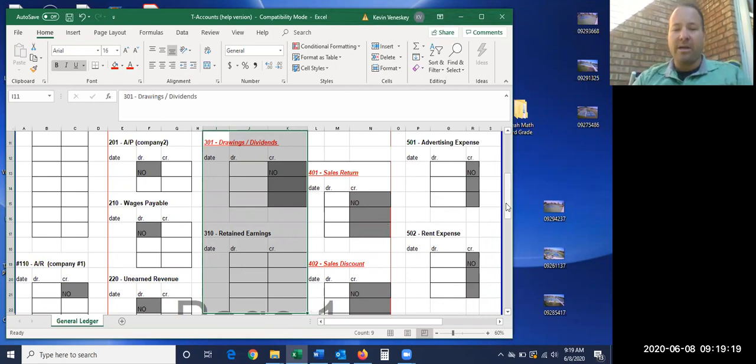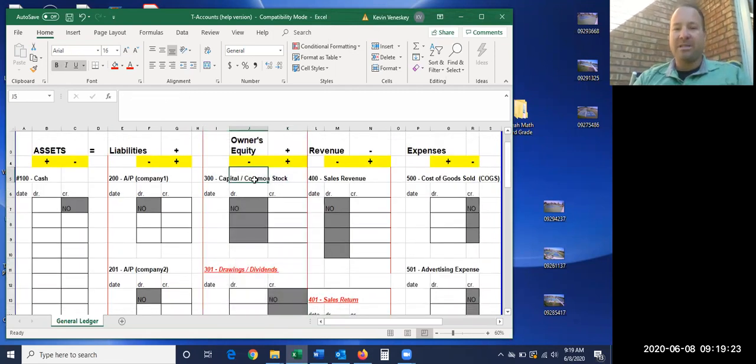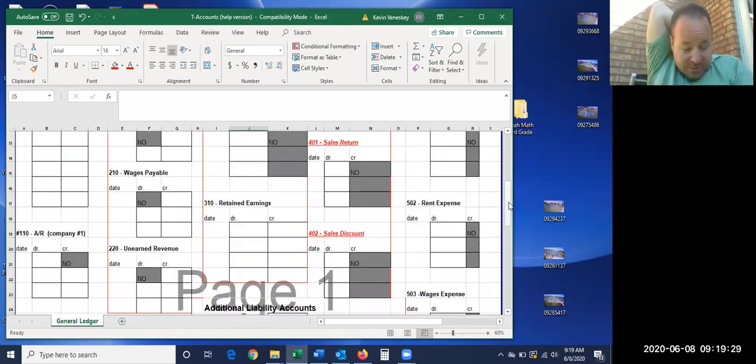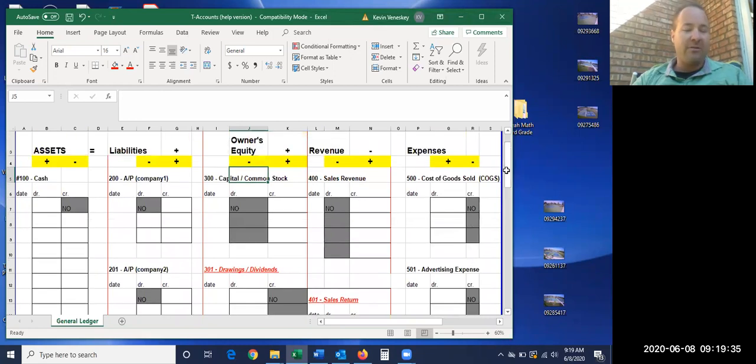But it can also encompass your capital. It just depends on how the business is set up, as a corporation or not. It depends on if you have retained earnings in your business. Because if you're just your own self-employed person, you may not even mess with retained earnings. You may put everything into your capital account, and that's okay.